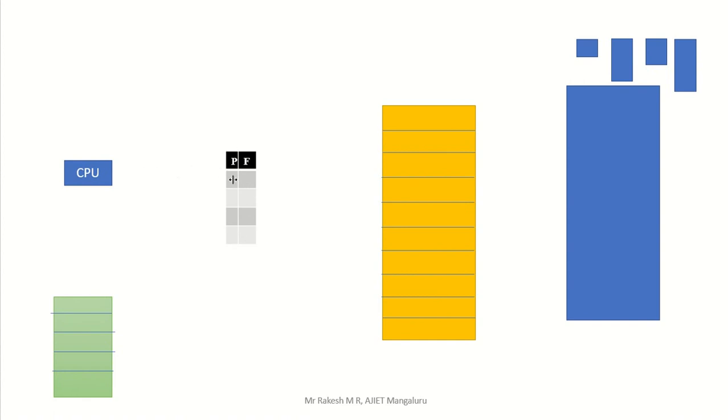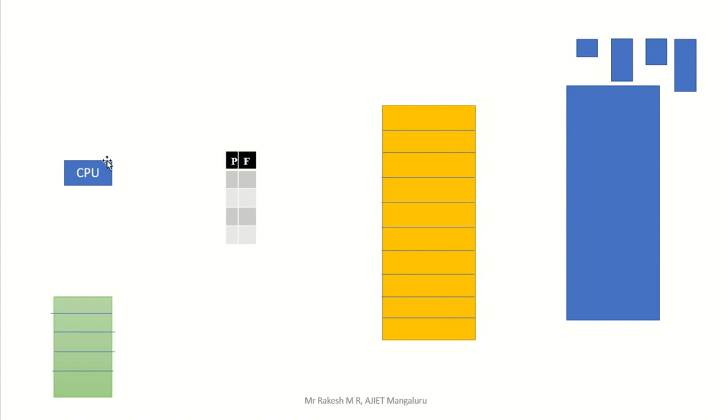Here the particular page number and its frame number are stored, that is, in which frame that page is saved. We send that frame number to the main memory, and the main memory will take that process or page to the CPU for execution.